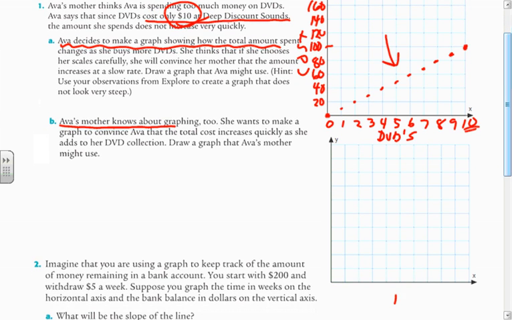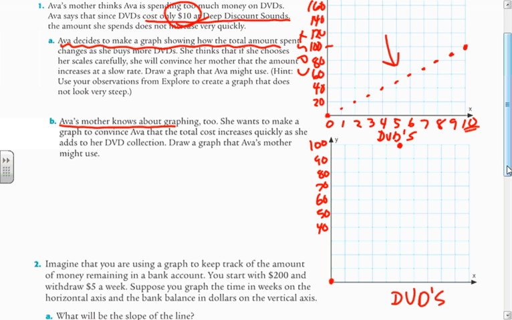If we wanted to leave the DVD numbers the same, we could do that. But what I'm thinking Ava's mom would do is start at 0, 0 like this and have it increase really rapidly. So if I instead put the 100 up here, which means I'm going up by tens, 90, 80, 70, like this.